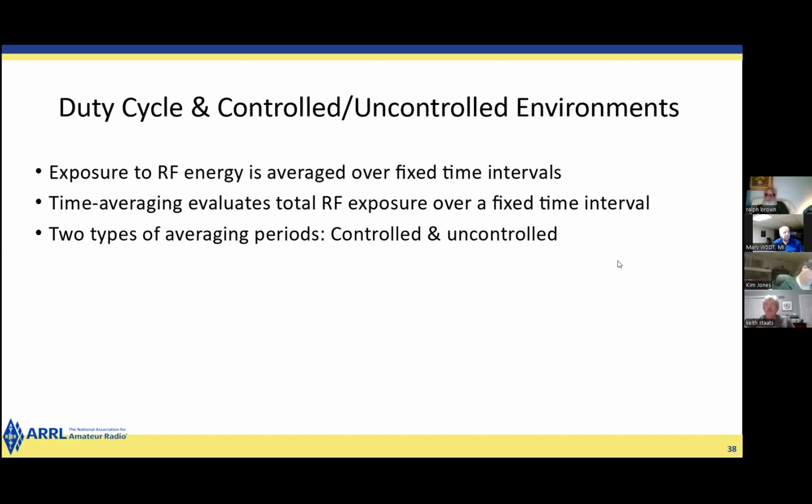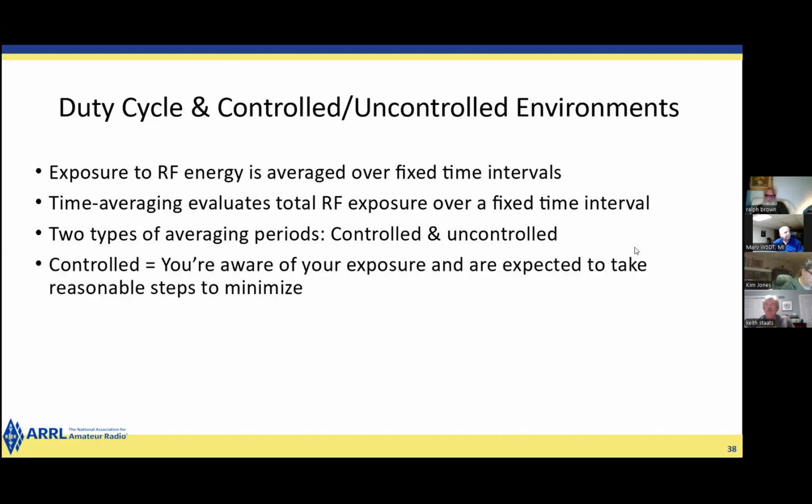The controlled is us, the licensed operator, and the uncontrolled is the guy on the street, your next door neighbor. Controlled is, again, you're aware of your exposure and expected to take reasonable steps to minimize.